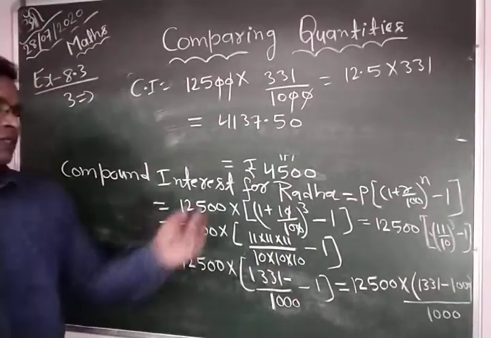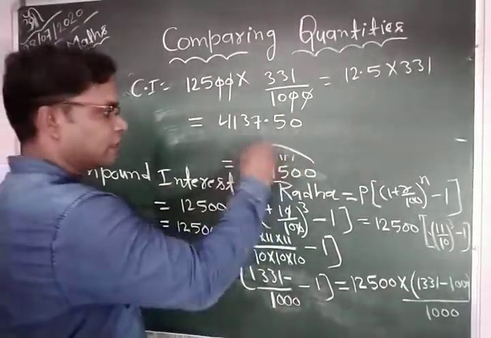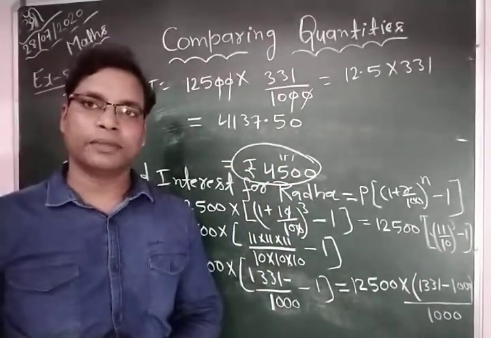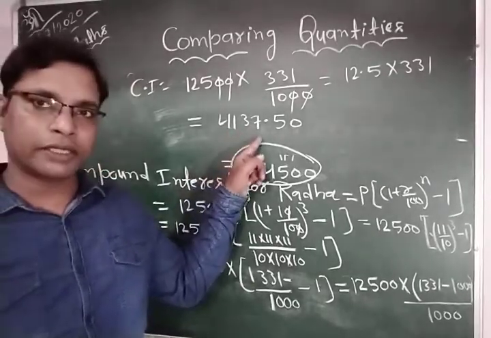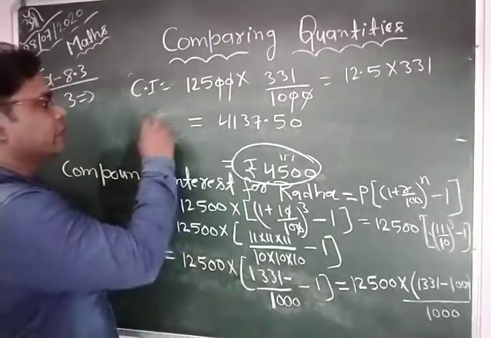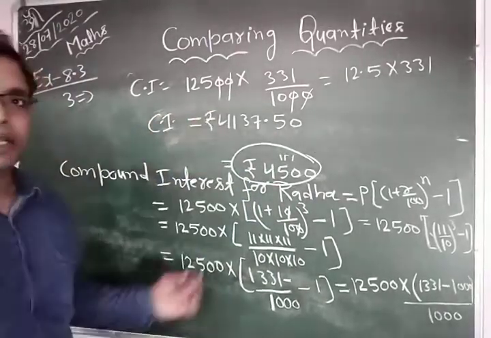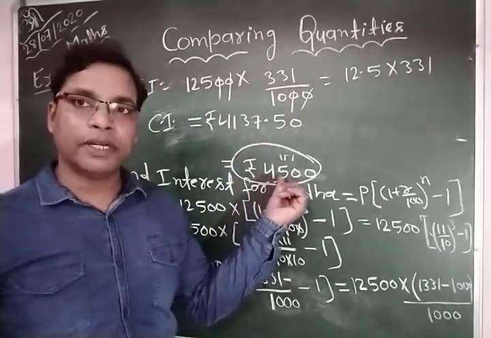Okay, so this is the compound interest for Radha, and this is the simple interest for Fabina. So you can see here this is 4,137.50 rupees, the compound interest, and this is 4,500 rupees.